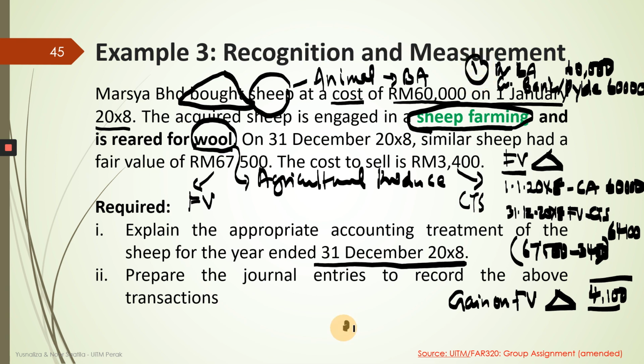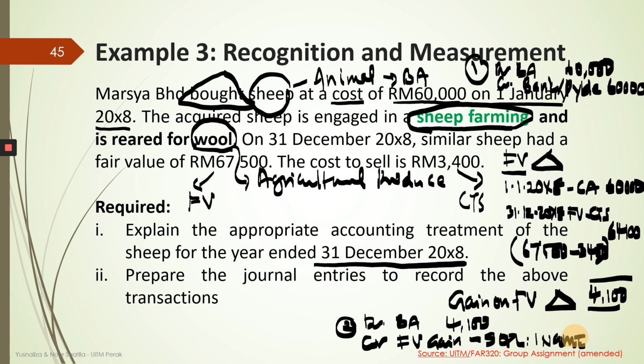The second journal would be to record the gain on fair value change. So debit biological asset with 4,100 and credit fair value gain. The fair value gain here is on fair value change, right? This will be in your SOPL, under income.